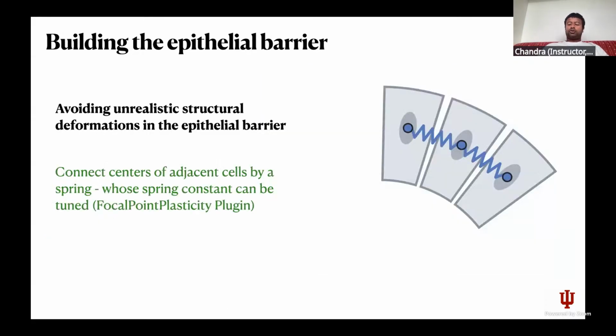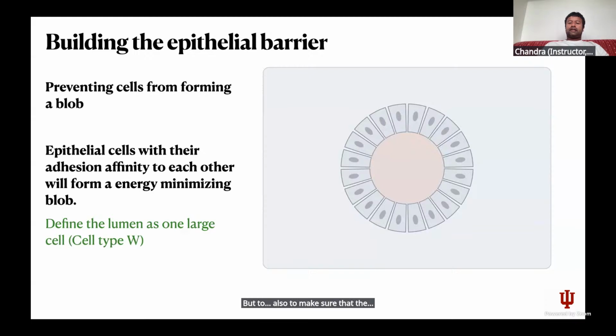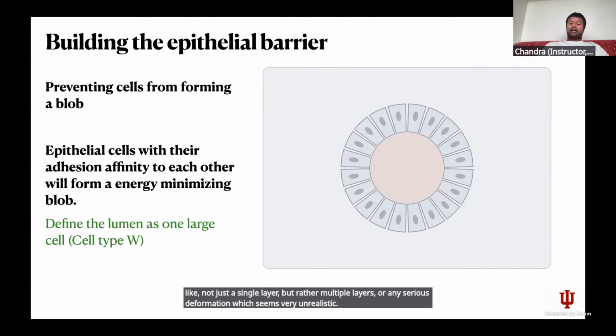But we also wanted to make sure that the epithelial cells don't deform when a cell is trying to go through them, in such a way that they form not just a single layer, but multiple layers or any serious deformation, which seems very unrealistic.